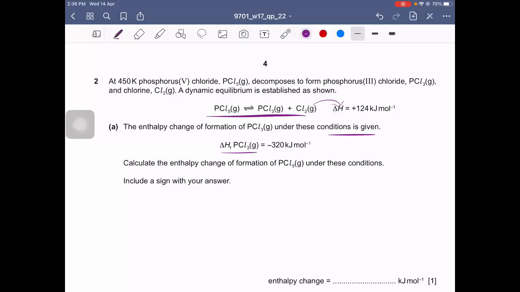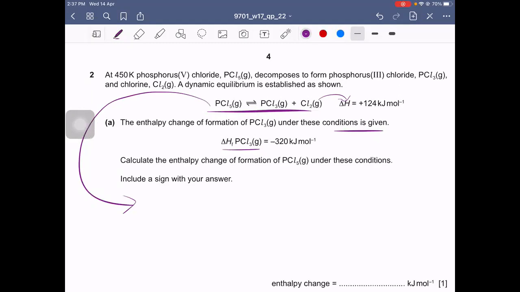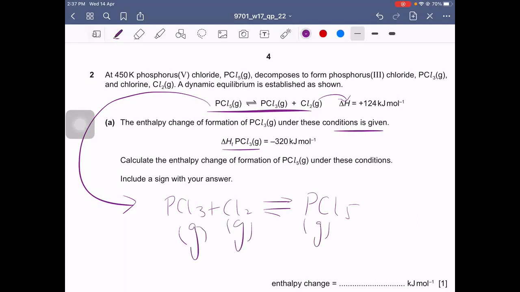They are asking you to calculate the enthalpy change of formation of PCl5 under these conditions. Don't you think if I reverse my equation somewhat like this, that would cause PCl5 to be formed? Reversing my equation would mean the sign reverses.